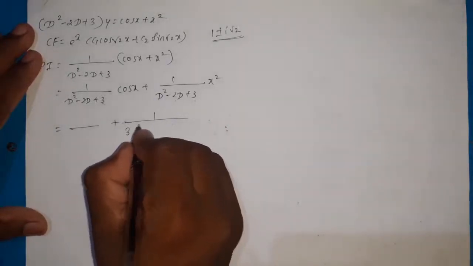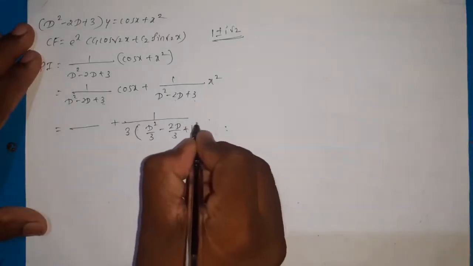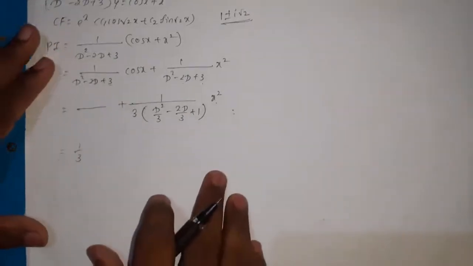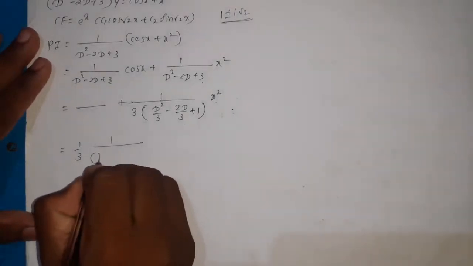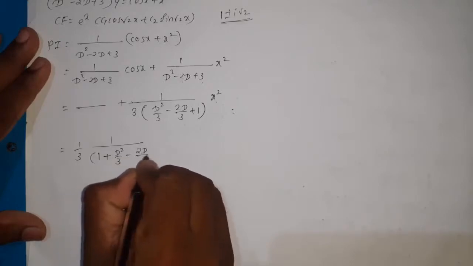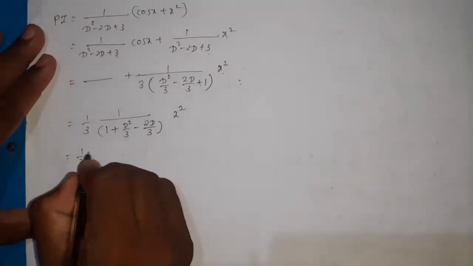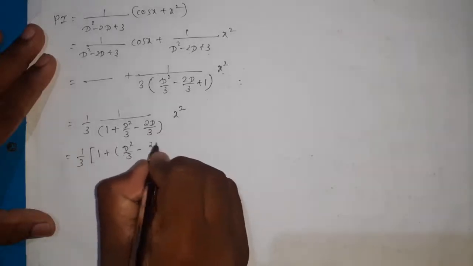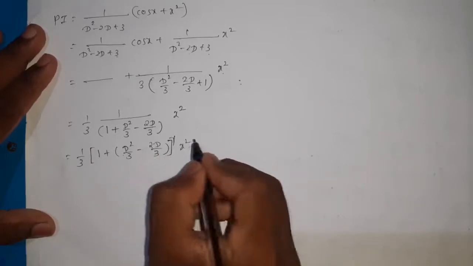Then 3 into (1 + D²/3 − 2D/3) x². So 1 by 3 is kept as it is, and the remaining terms should be written in the standard form: 1/3 (1 + D²/3 − 2D/3)⁻¹ x².